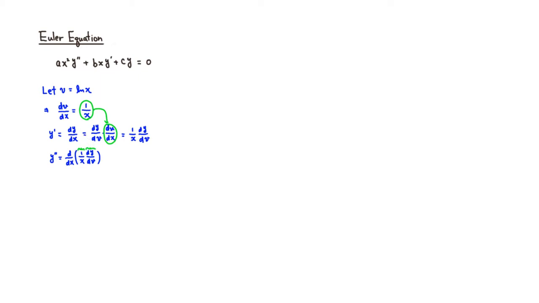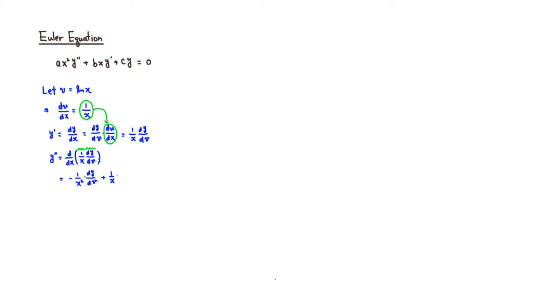The derivative of 1 over x is negative 1 over x squared, just the power rule, times dy over dv. Plus, leaving the first alone, 1 over x times the derivative of dy over dv with respect to x.